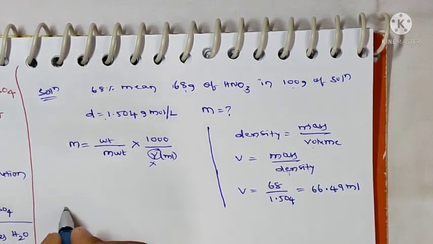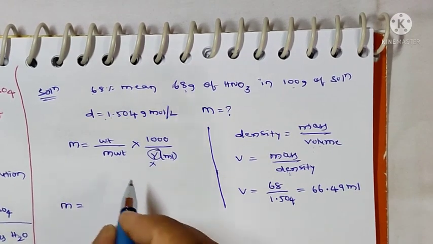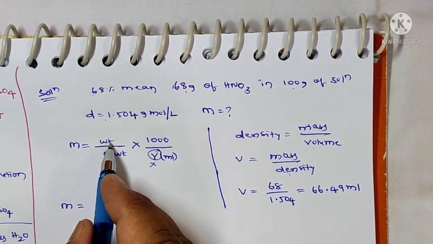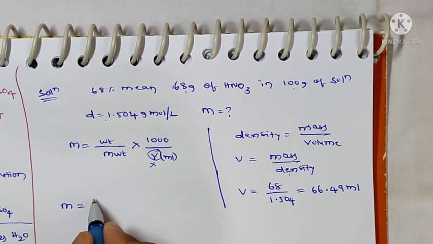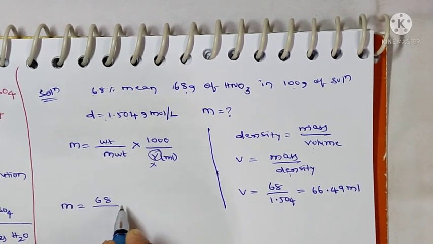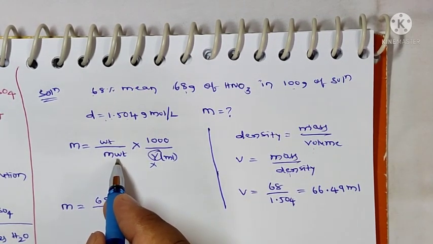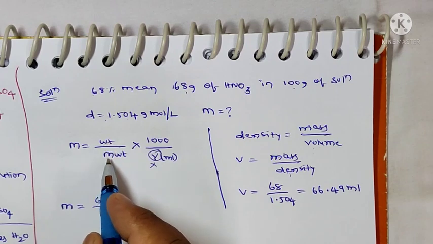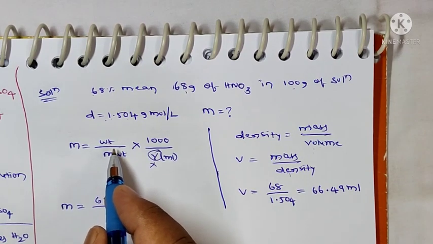So in the formula, molarity M is equal to weight, 68 grams, divided by molecular weight of HNO3. This is for the solute, and here the solute is nitric acid.